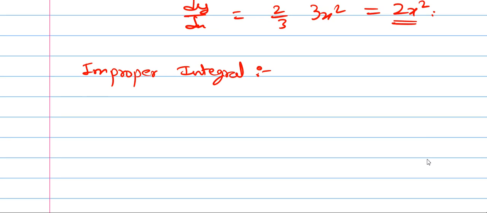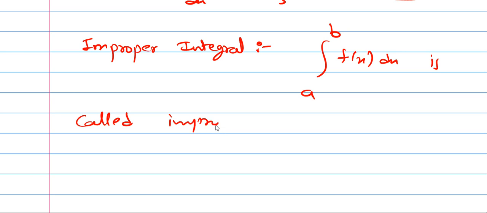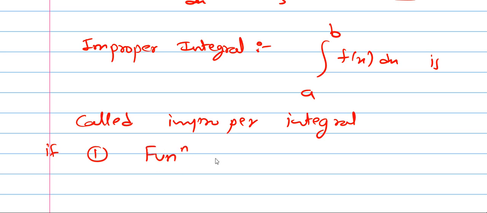Now next point is improper integral. The integration a to b f of x dx is called improper integral if, first condition, your function is infinity in the interval of integration.